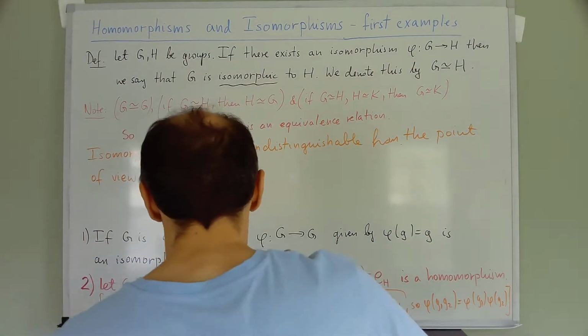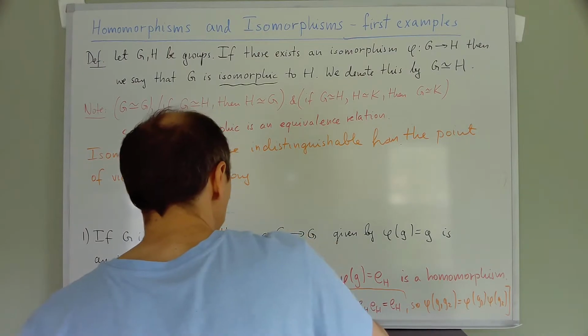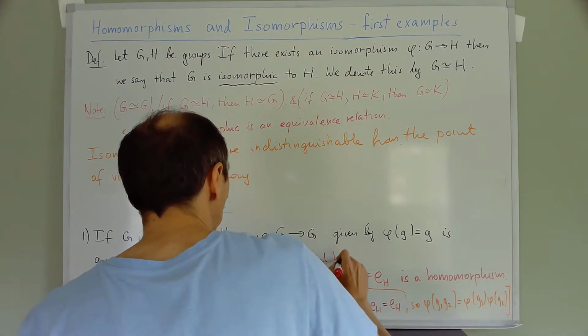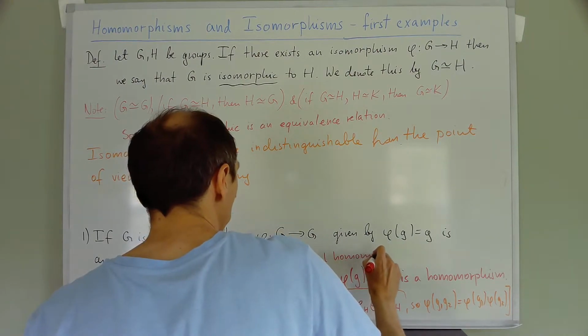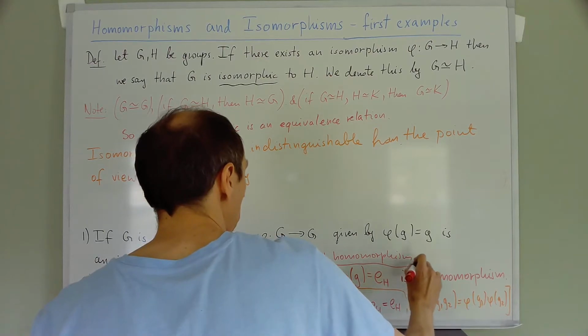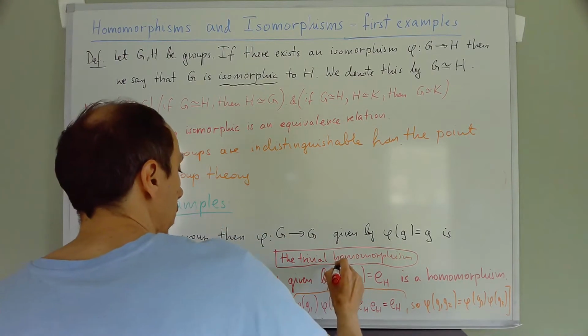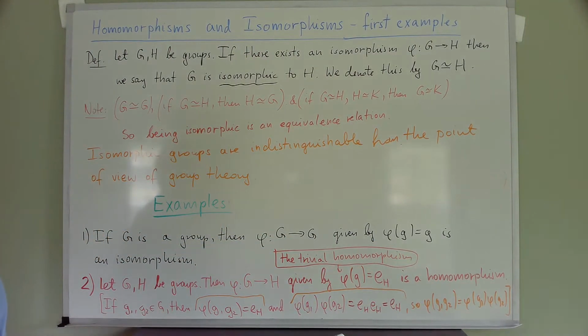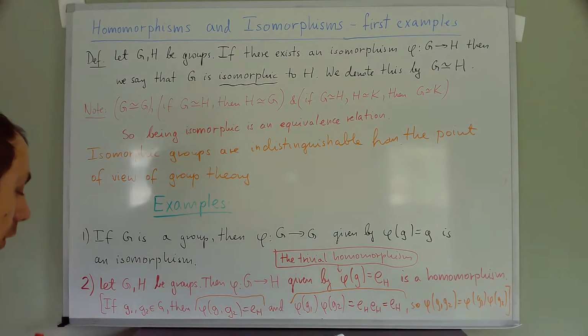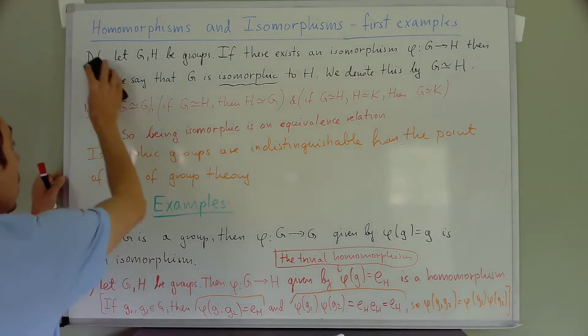So this is the trivial homomorphism. Okay, so we have the identity map when both groups are the same, and then given any two groups you have the trivial homomorphism. Are there any more interesting examples of homomorphisms?